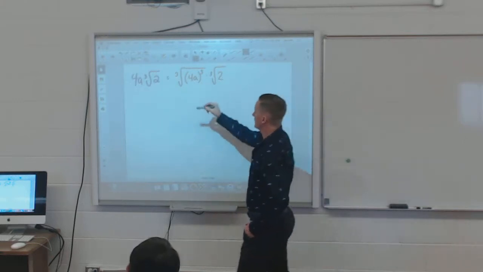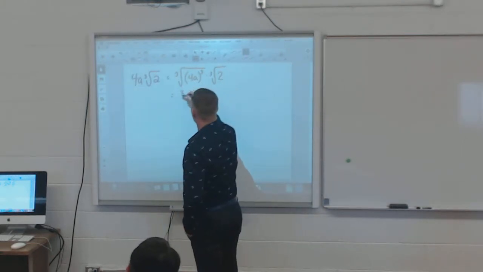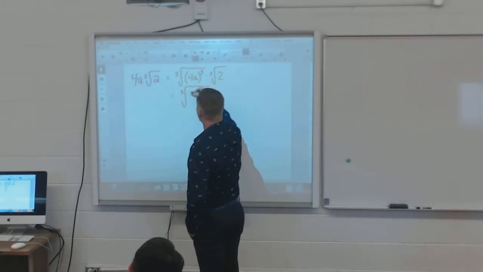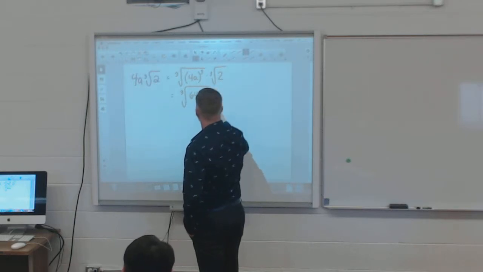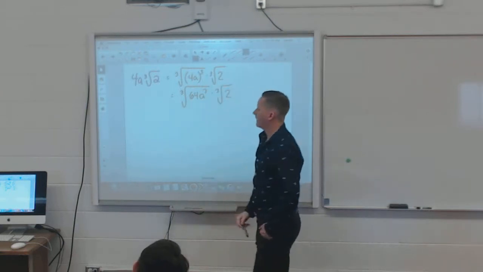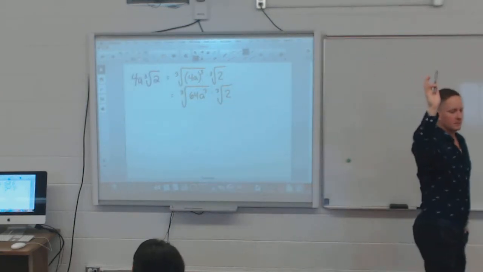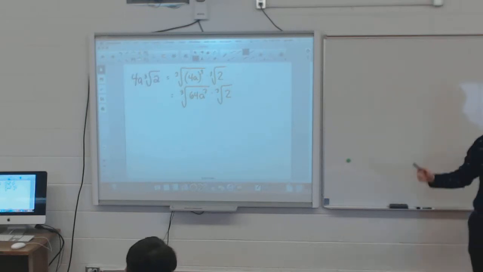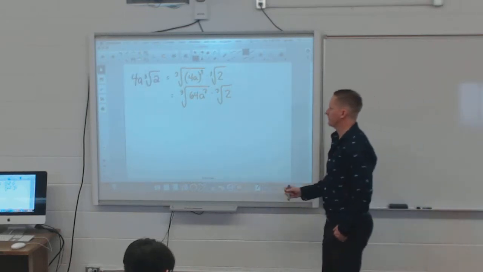Okay, so now, I'm gonna simplify this guy. That gives me 4 cubed, which is 64, and a cubed, which is a to the third. How many of us got there? Great.